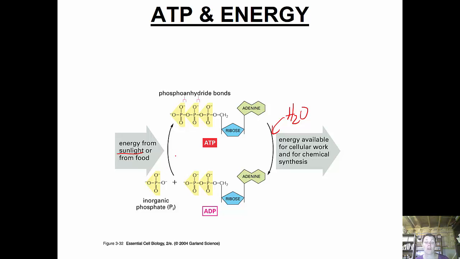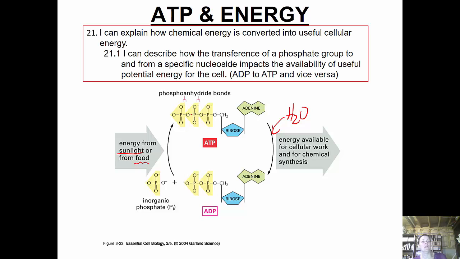Well, we're not plants. And so how are we able to do that? We as animals are able to get energy from the food we eat to recharge this ATP molecule. And that's what we're going to focus our attention on. From your study guide, it says that I can explain how chemical energy is converted into useful cellular energy.